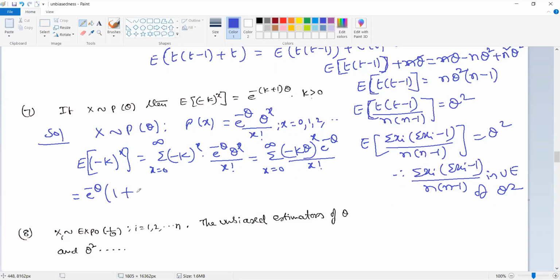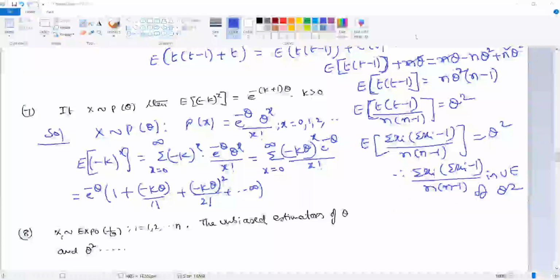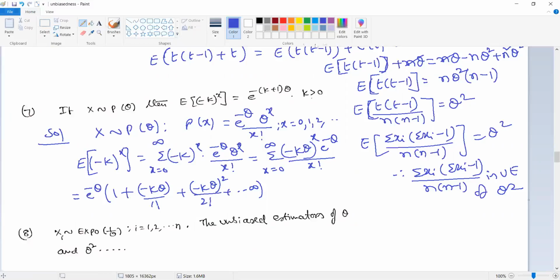That is 1 plus (-kθ) by 1 factorial plus (-kθ) whole square by 2 factorial, and so on up to infinity. So the expectation of (-k)^x is equal to e^(-θ) times [1 + (-kθ)/1! + (-kθ)^2/2! + ... up to infinity].